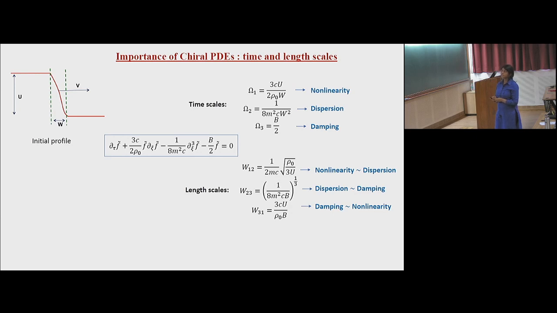For instance, if the width is equal to W12, it implies that nonlinearity and dispersion play the same role in the time evolution of the profile. These kinds of estimates are not possible from the original equations, but these chiral PDEs make it more tractable to identify these time scales in terms of the features involved in the hydrodynamics of the problem.